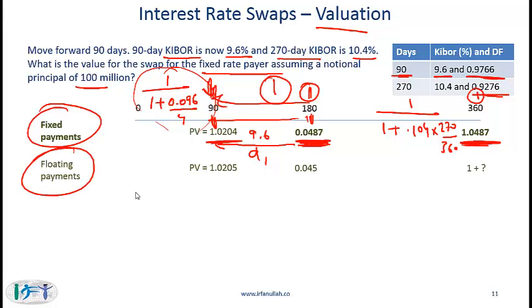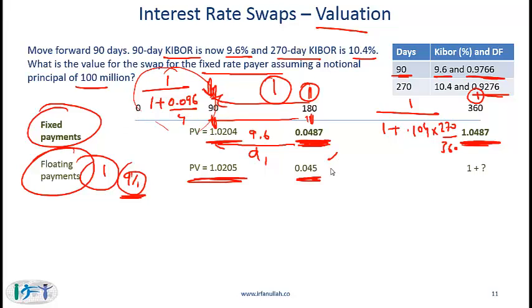What about the floating payments? Here the present value is 1.0205. And where does this number come from? We've already established that for the floating rate instrument, again, the principal is 1 unit of currency. On day 180, the coupon payment is 0.045. This is based on the interest rate of 9%, which was in effect at time 0. 9% was 180-day CIBOR on day 0.